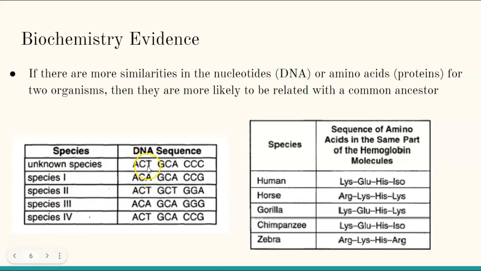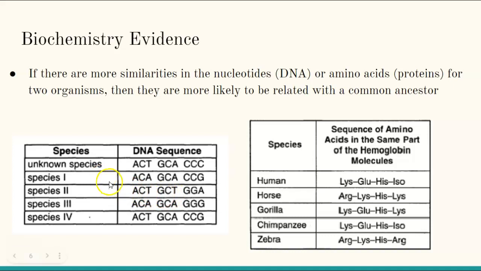So our first three are ACT. Well, species 1 is ACA, so that's different. But species 2 is ACT, and species 4 is ACT. So then you just continue on trying to find the most similarities, okay? You continue on until you have figured out exactly which one has the most similar nucleotide sequence.